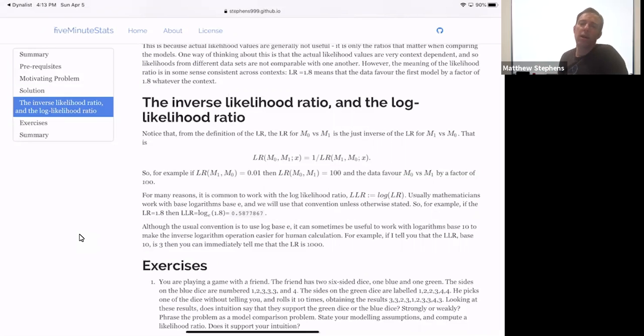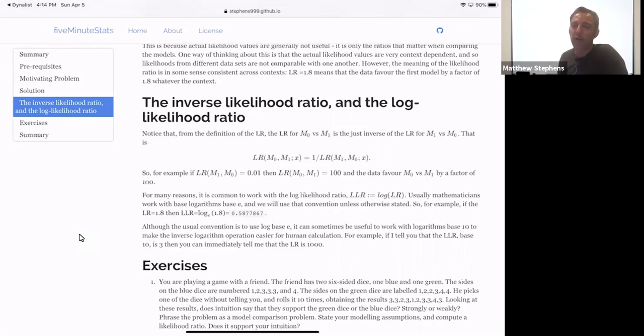And the other point to note is that people will often work with the log likelihood ratios. And that just means they take the log of the likelihood ratio. Usually mathematicians work with a base e logarithm, although sometimes, if you're trying to keep the human interpretation of a likelihood ratio, it can be useful to give it in base 2 or base 10, which is a bit easier to do calculations in your head.